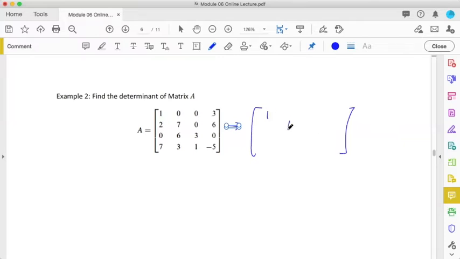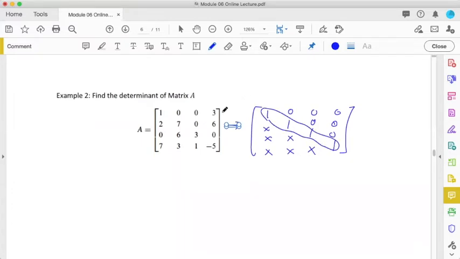Our goal here is to change this into a lower triangular form where the diagonal line consists of 1. Up here, we have 0, and down here, we can have any numbers.